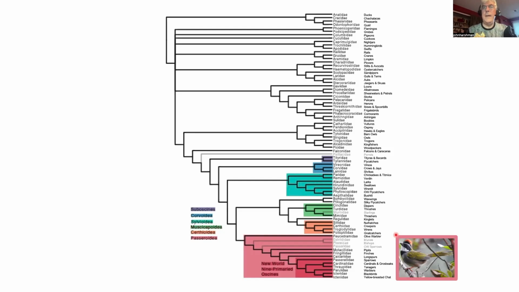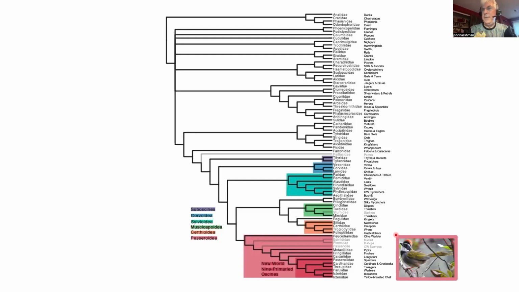And within that, there is another group which isn't a superfamily, but it's a pretty big bunch we're calling the New World nine-primary oscines. You can see them in a bit of a deeper pink. They're going to be important. I'll tell you why later, but the name is pretty simple. New World, they're restricted to the New World.